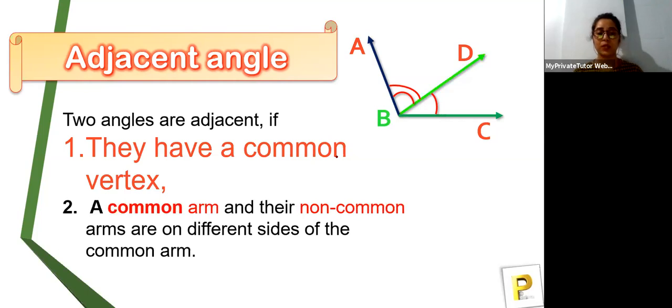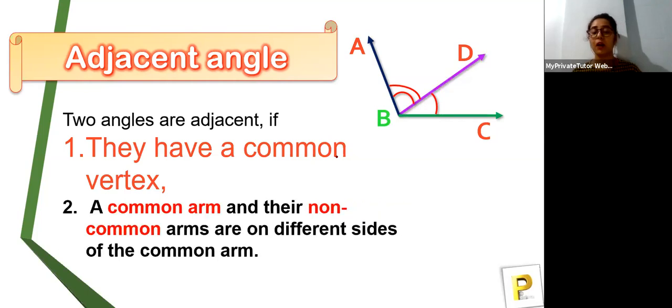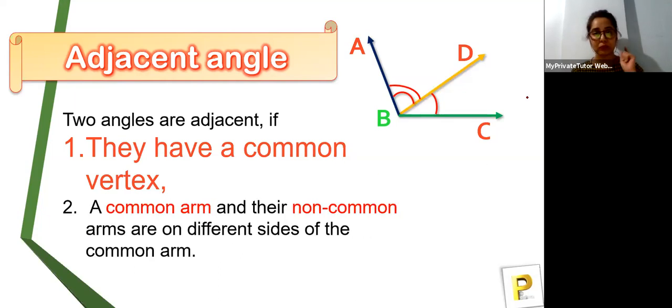Let's see what is the second condition. A common arm, and their non-common arms are on different sides of the common arm. So you can see that BD is the common arm of ABD and DBC, like the yellow one.